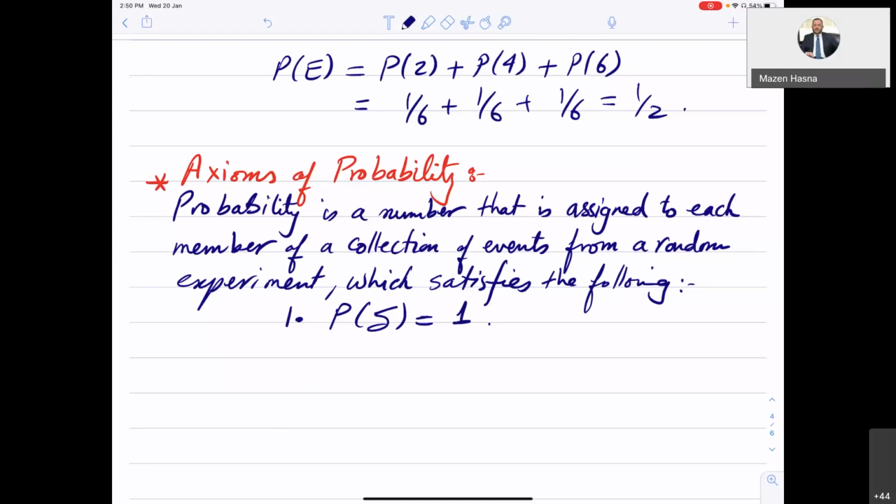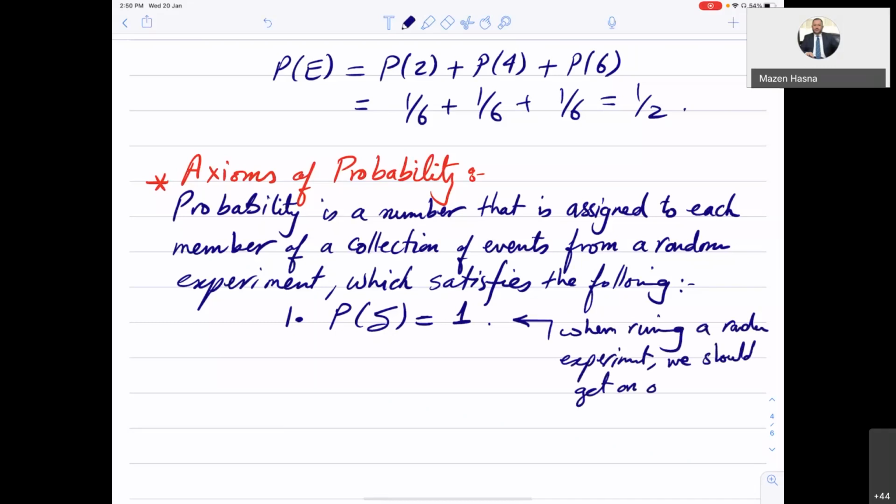Is the maximum probability that we can assign is 1. So again, this means that when running a random experiment, we should get an outcome. So if you toss a coin, you'll get either a head or a tail. It's like I'm asking you, what's the probability that you will get a head or a tail when you toss a coin?